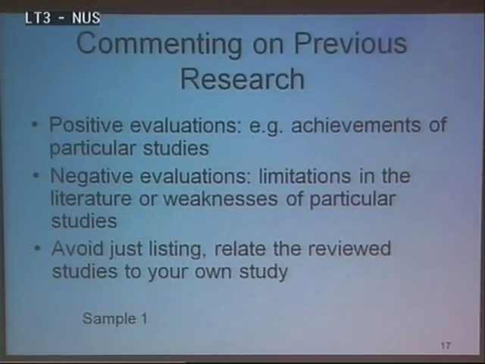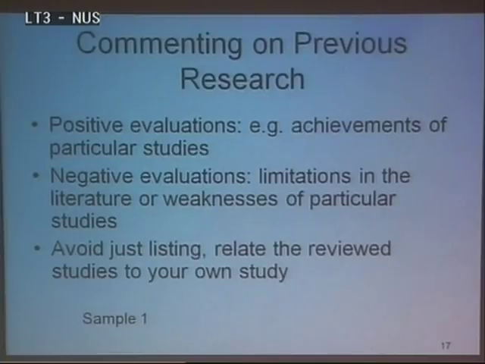This I mention again, avoid just listing the work done. Another point to remember is, wherever possible, whatever studies you're reviewing related to your work, talk about the relevance to your work. Otherwise, there is no point in listing all those studies there. They must be pertinent to what you're doing in some way. So, relate your studies to your research.